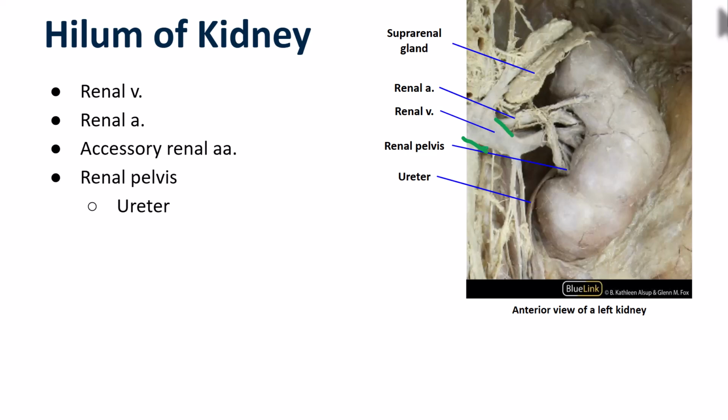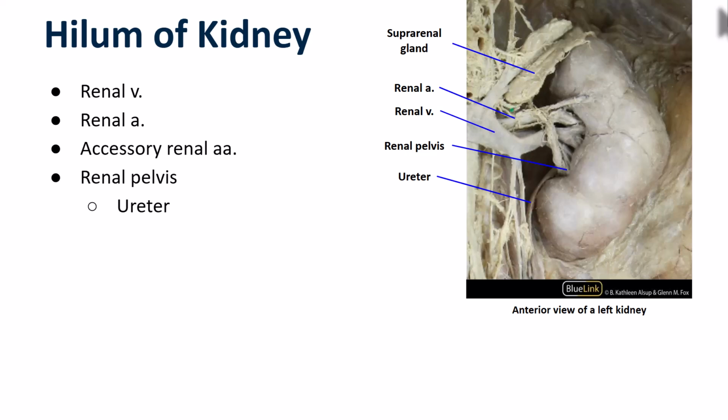So it's receiving branches from the gonadal vein and a shared branch from the suprarenal vein and left inferior phrenic veins from the diaphragm. We could also see the relationship of the suprarenal gland, aka the adrenal gland, with the kidney. So you can see why we call it the suprarenal gland anatomically.